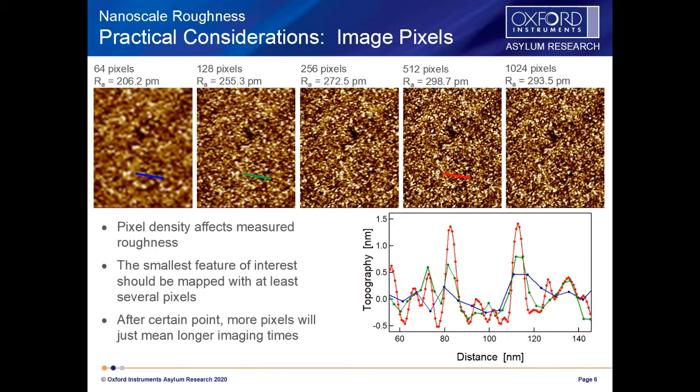The way to make a choice would be to divide the total area that you're imaging by the number of pixels. That will give you the pixel resolution. And once you know the pixel resolution, you have to think about, is that enough for my work? If it's not, then you can increase it. If it's too much, then you can reduce it and save time in the measurement.